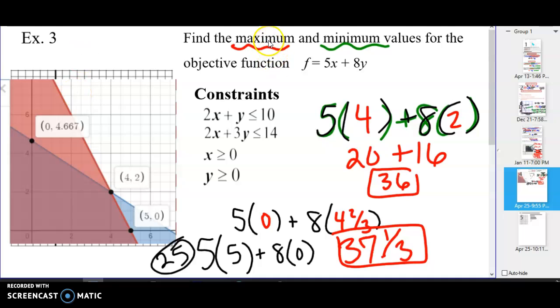So it's better to make all of the y's than anything. My maximum value, this is going to be my max. And then my minimum value: 0, yes, but I want to know, if I'm actually doing something, what's my minimum value going to be? The minimum value of putting all the things together is going to be 25.